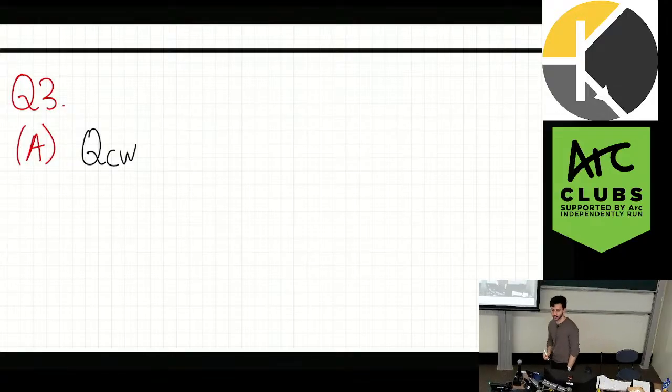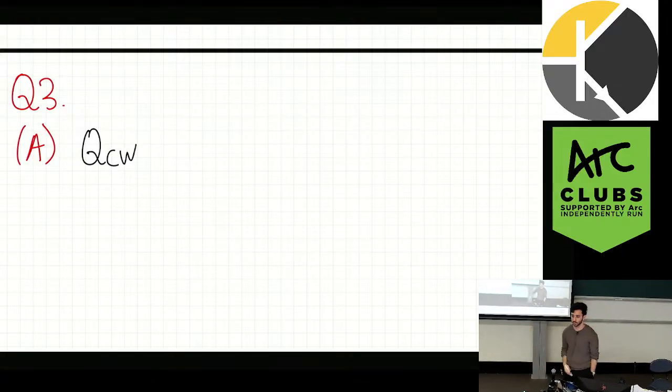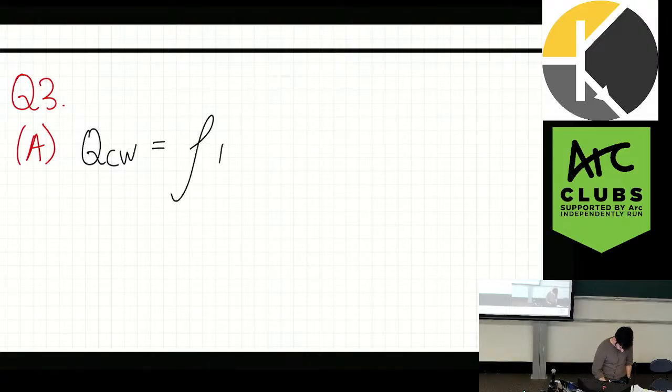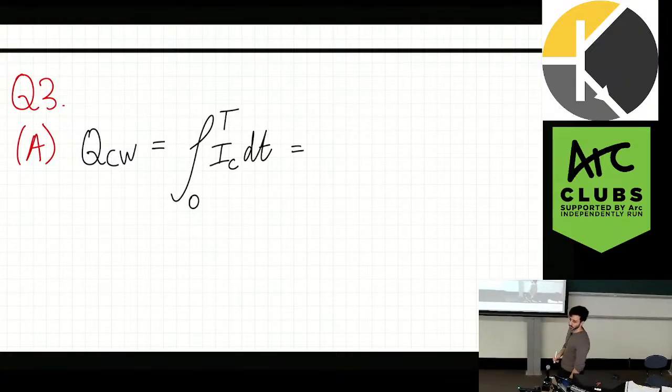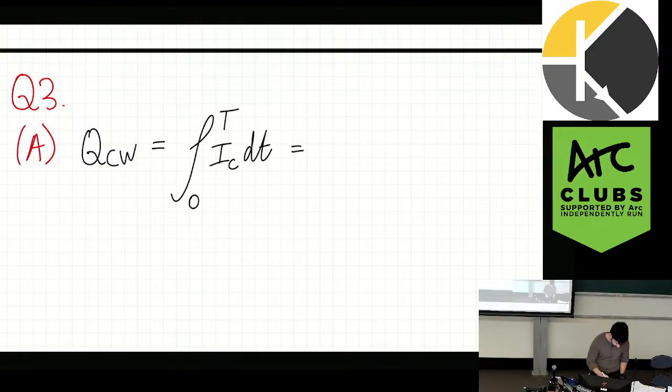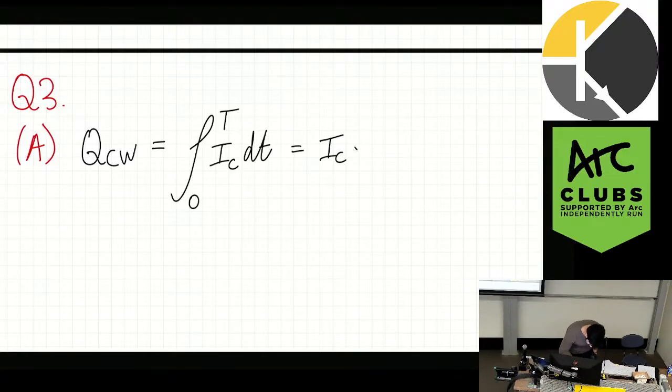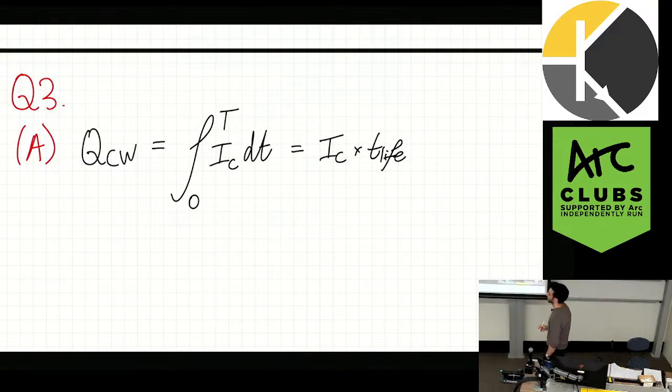When we're thinking about battery capacity, it's how much charge can it give over a period of time before it dies out, or before the circuit fails. So this would be the integral of IC dt over some time period. But we're given that the current is essentially constant, so I can just write this as IC times T life, so how long the battery lasts.